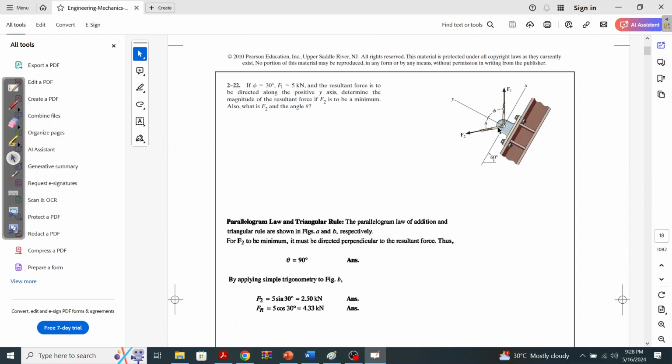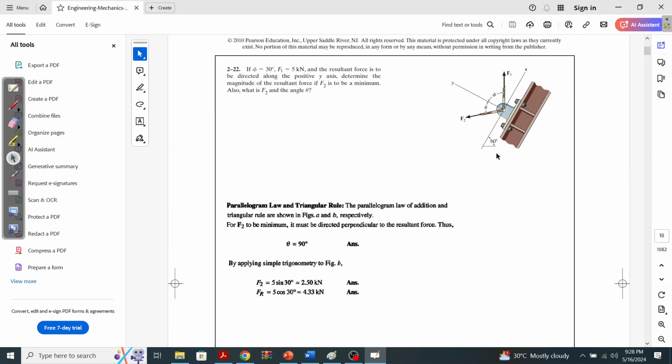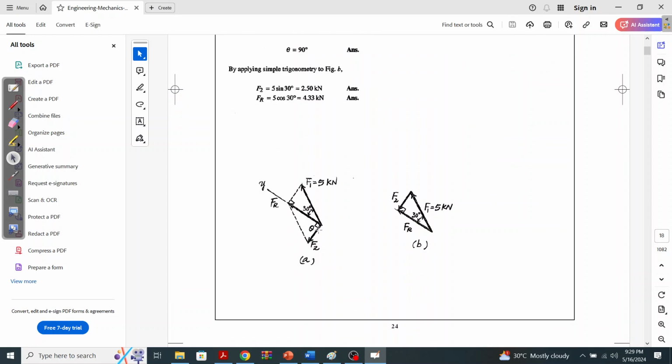But this F2 has to make an angle of 90 degrees with the y-axis, as we have shown here, because of the minimum factor. So this F2 is making an angle of 90 degrees with Fr, and now our parallelogram is formed.